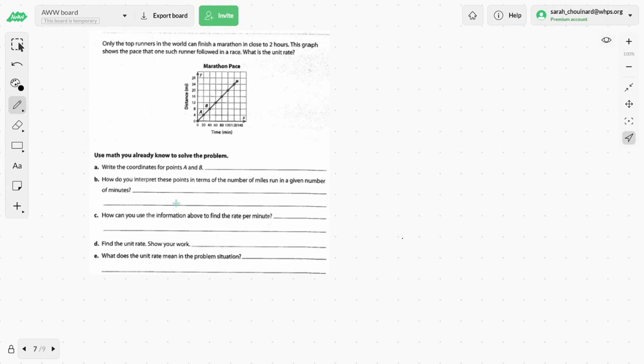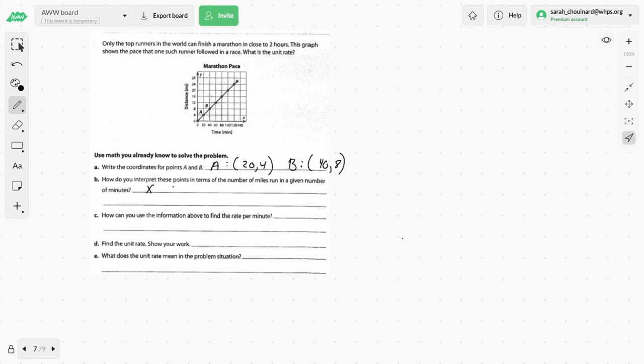Okay, so here we have a marathon pace, and so this person ran a certain amount of time and a certain number of miles. So the coordinates for A are 20, 4, and the coordinates for B are 40, 8. And how am I interpreting these points?